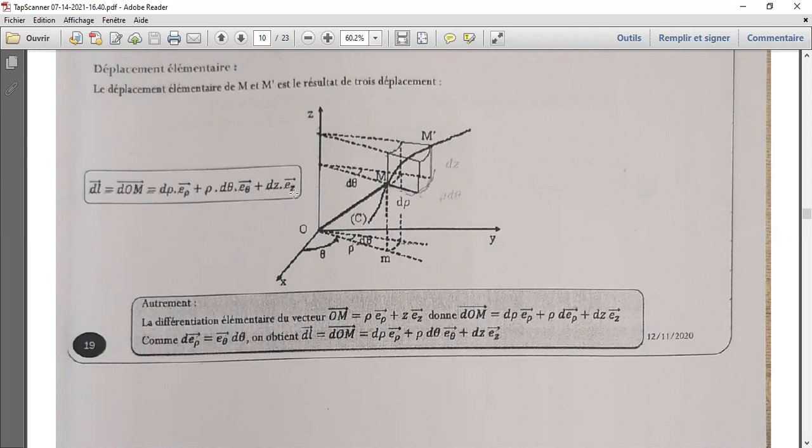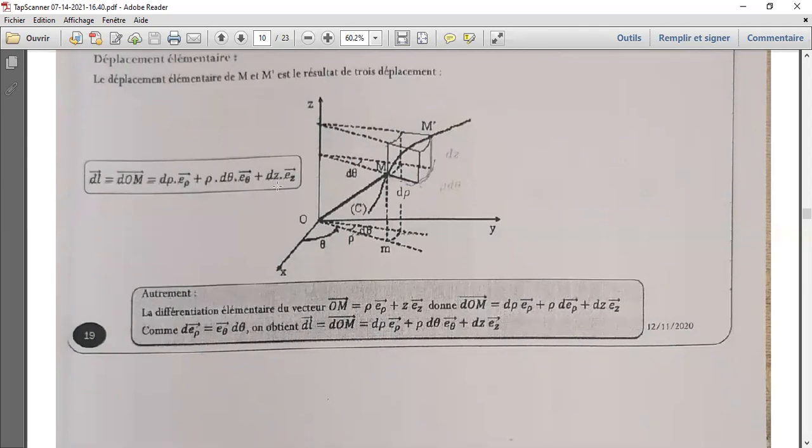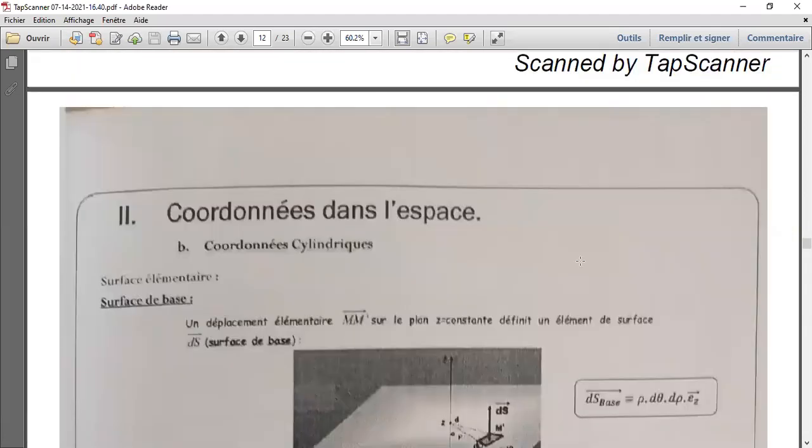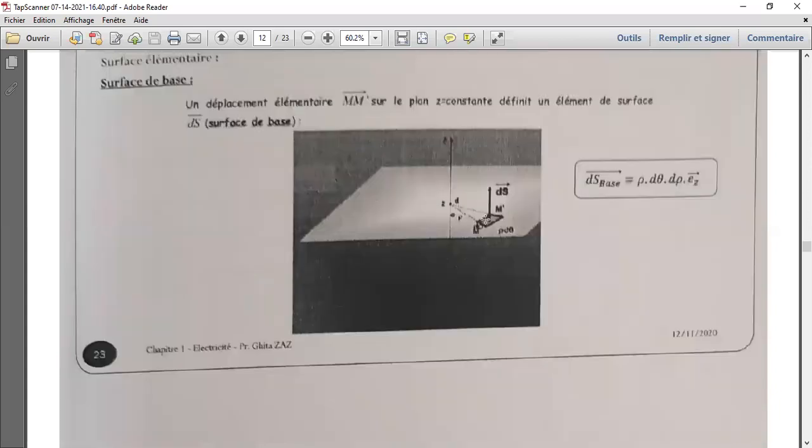Then you just include the vector ez because z is not included here. So this is the formula here. You have seen there's no movement up, there's just movement outside, which is d rho times rho d theta, the change of the radius.